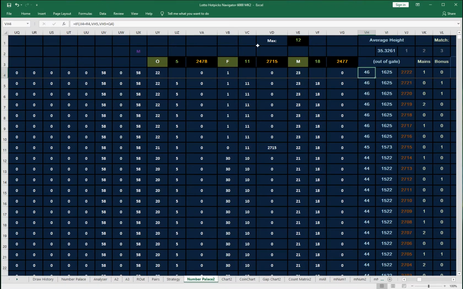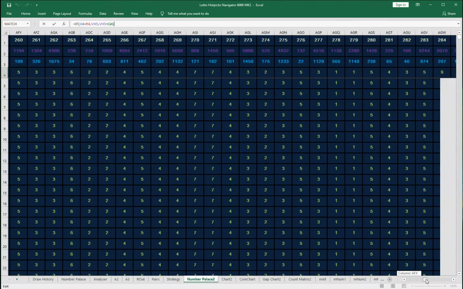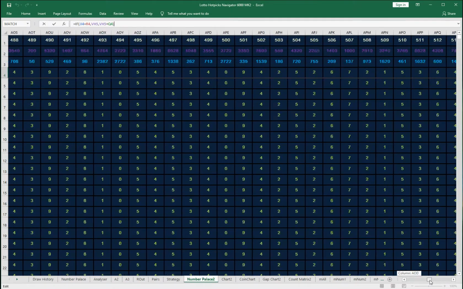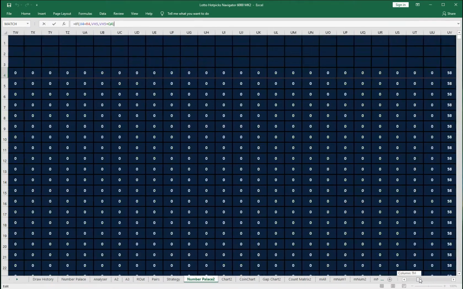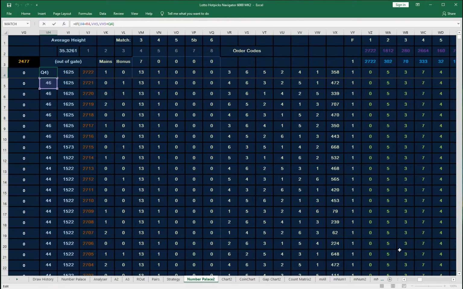What are these numbers? Right. If J4 equals R4, so R4 is frequency. Oh yeah, I remember. Right.